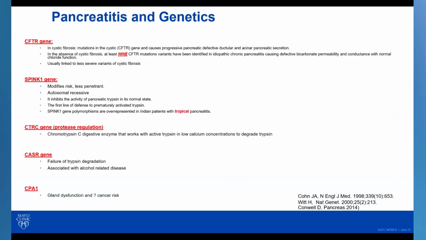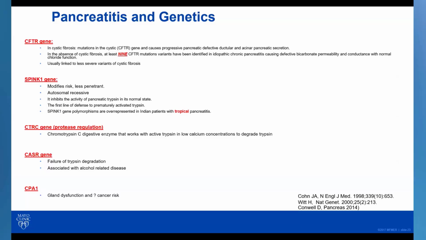One thing I should mention about PRSS1 from the prior slide is that this is an autosomal dominant disease. So you are likely going to see disease in that family at about 50%.